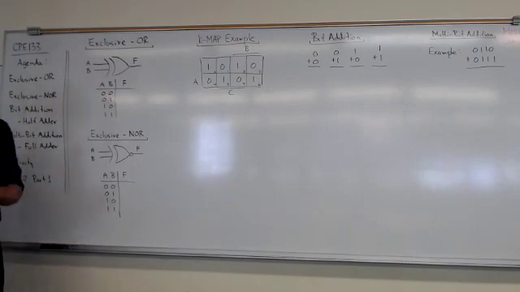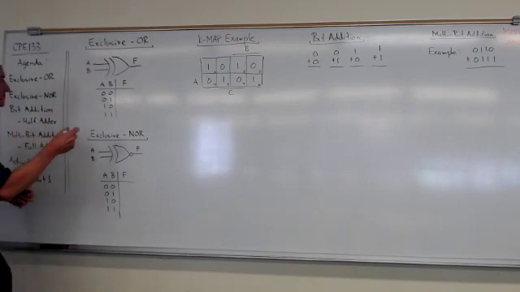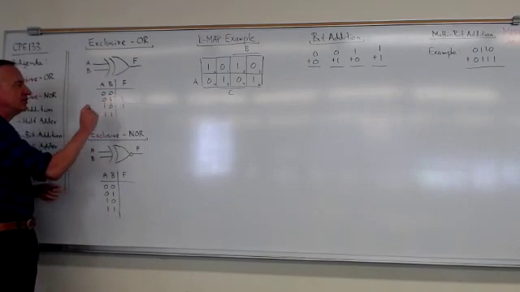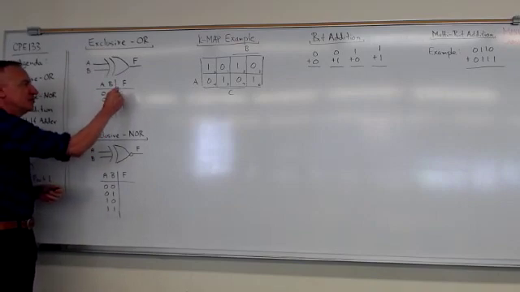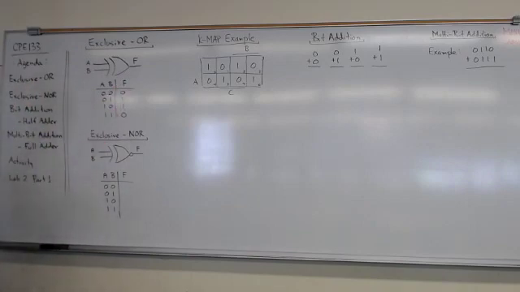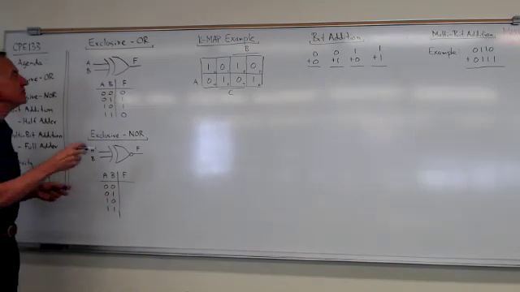But the exclusive OR has a different truth table than any of the other gates. Because with an exclusive OR, you only get a 1 out when the inputs are different. When the inputs are the same, you get a 0. If you look back at all the other gates we talked about, none of those gates have a truth table like that. So it's unique. That's why it gets its own symbol.